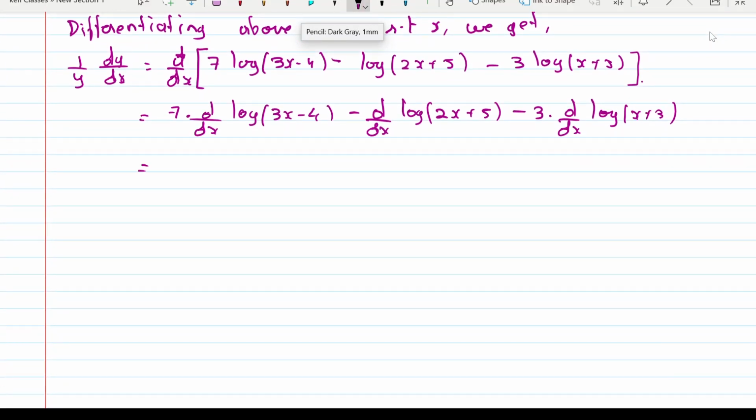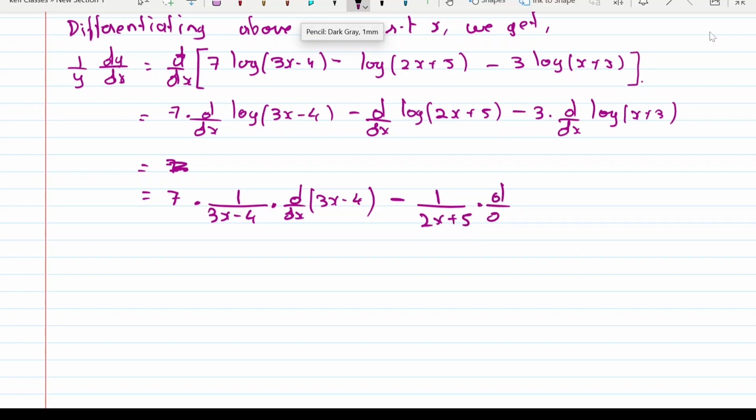So this is 7 into 1 upon 3x minus 4 into d by dx of 3x minus 4, minus 1 upon 2x plus 5 into d by dx of 2x plus 5, minus 3 into 1 upon x plus 3 into d by dx of x plus 3.